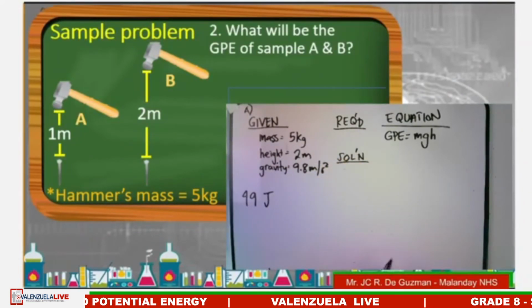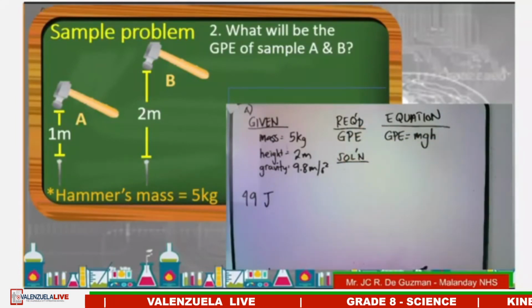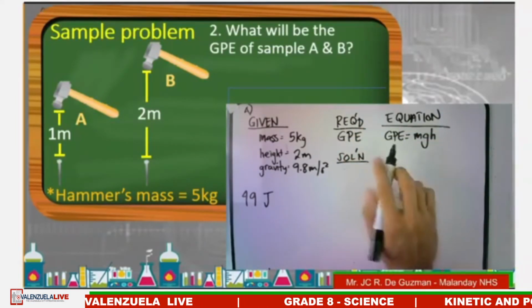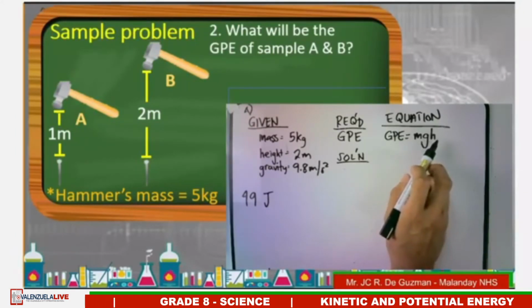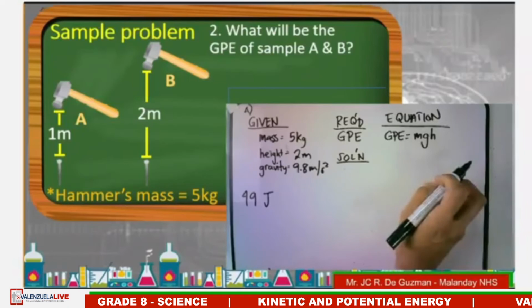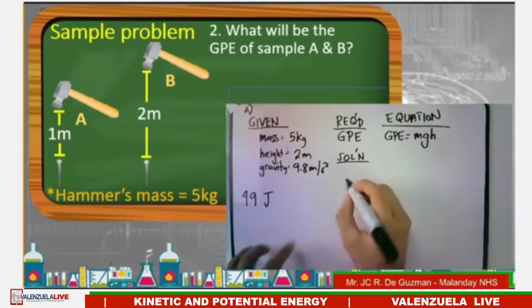For the required, we are still looking for the gravitational potential energy. For the equation, gravitational potential energy is equal to the mass times gravity times the height. So let us now proceed to the solution, the substitution.